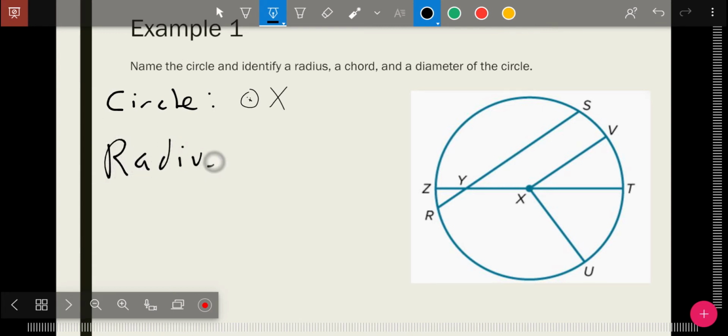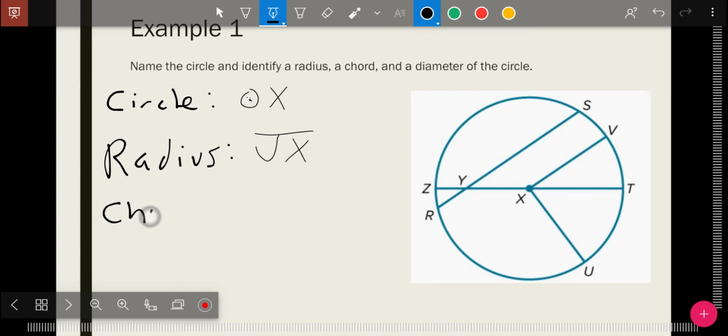Now there's lots of options here. You only have to name one. X to V is a radius. X to T is a radius. X to U. X to Z. You can say any of those backwards as well. And so we'll say UX is a radius. Or VX. My handwriting is that bad. Both work, though.